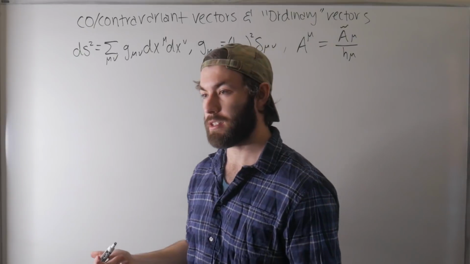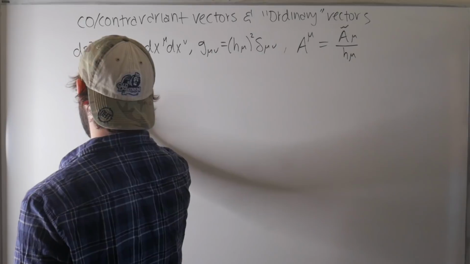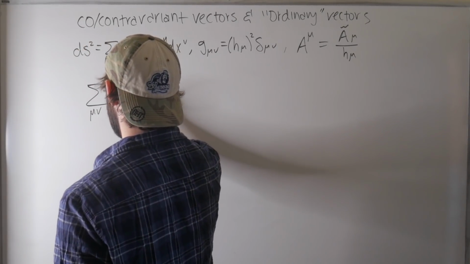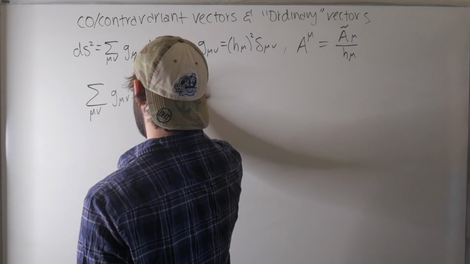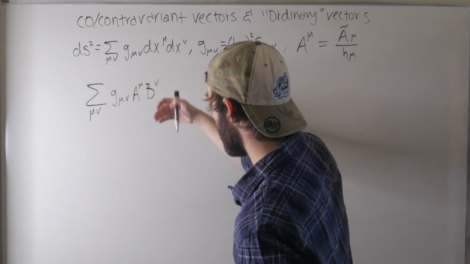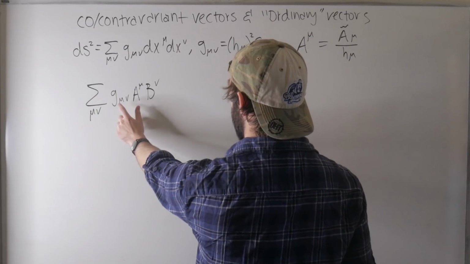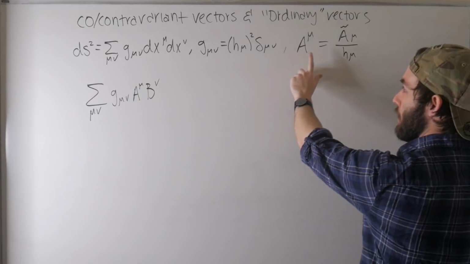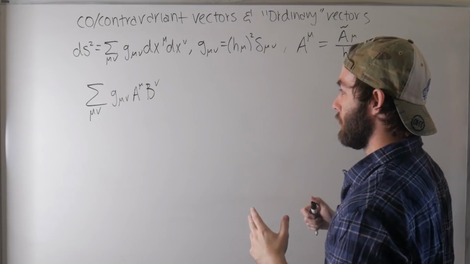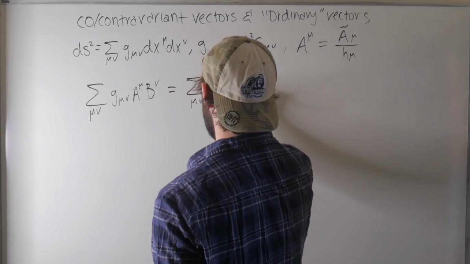So say that we wanted to take the dot product of two vectors. We have to sum over mu and nu, and it's going to be g mu nu, A mu, B nu. This is our definition of the scalar product of two vectors with upstairs indices. And if we substitute in our definition of g mu nu and our, let's call it an ansatz, our guess of what this relation should be to preserve the scalar product, we get the sum over mu and nu.